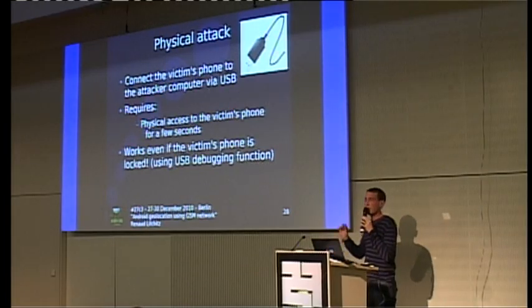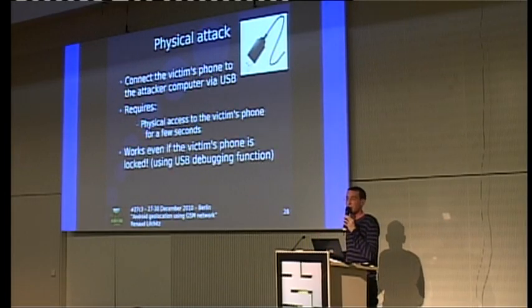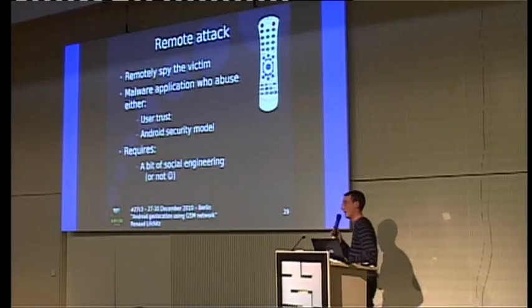This takes only 3 or 4 seconds. This is very, very quick. And it even works if the victim's phone is locked, thanks to the USB debugging function you have on Android, right? So this was the physical attack.